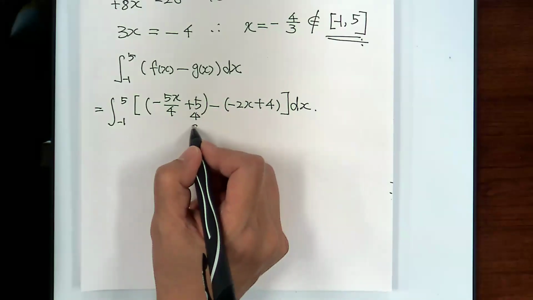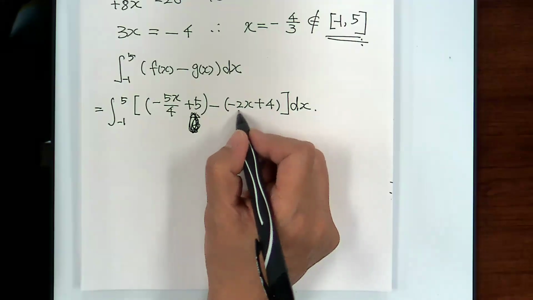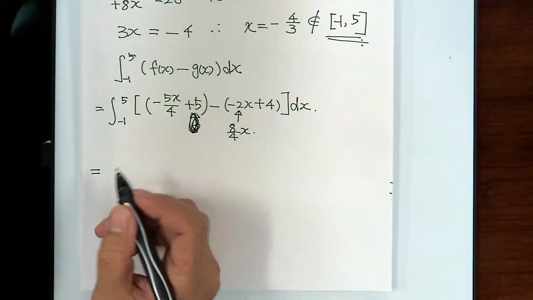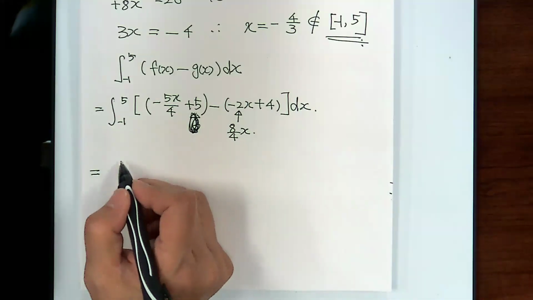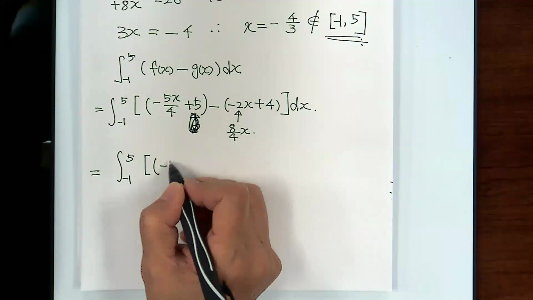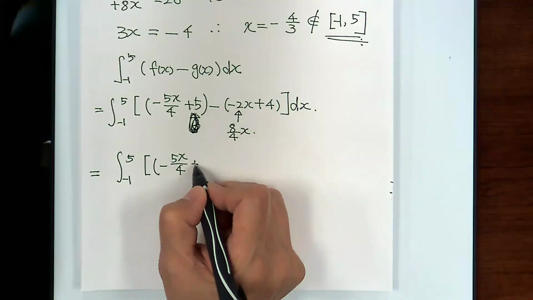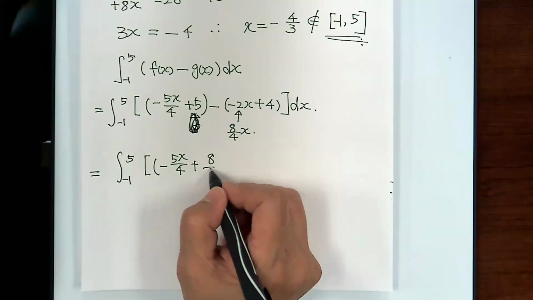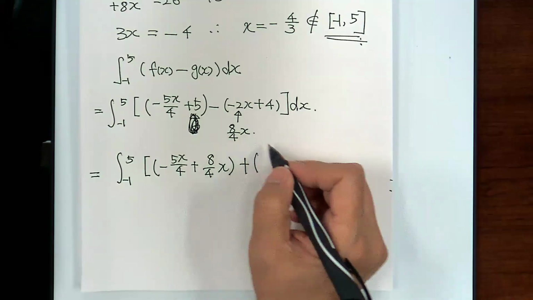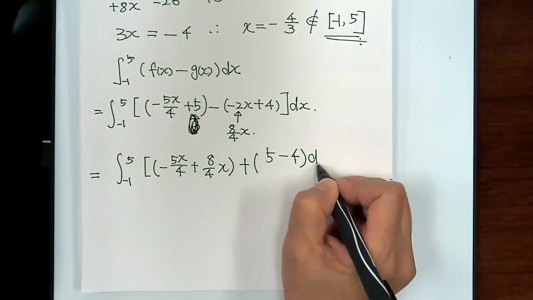Let's just combine the like terms together. The integral from minus 1 to 5 of minus 5x over 4 plus 8 over 4x plus 5 minus 4 dx.